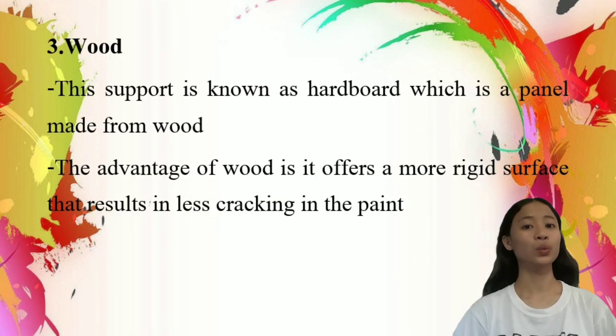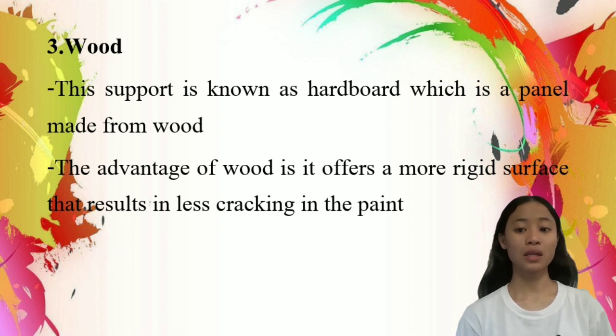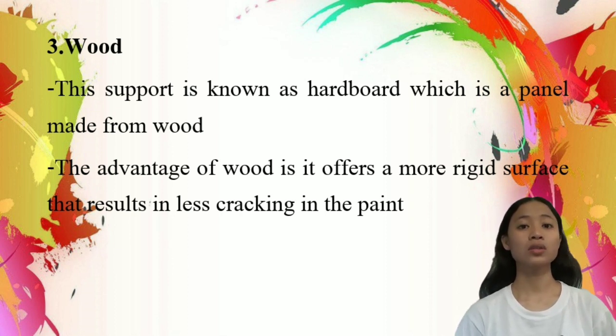So, we are done with the paper and the canvas. The third one is the wood. Historically, wood panels were used for paintings long before the adoption of flexible fabric supports. For example, the Renaissance paintings which were created on solid wood panels.